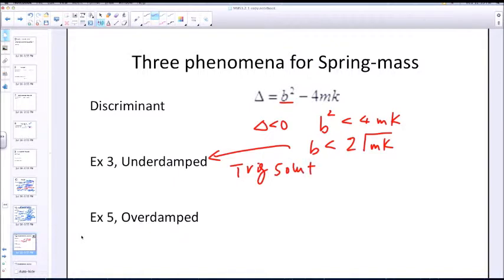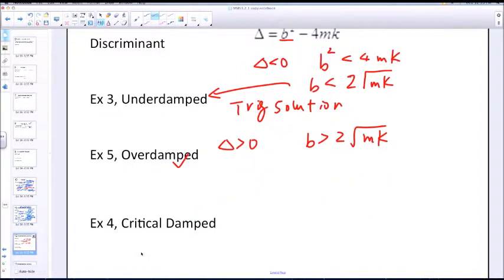Not only trig, of course, you have exponential too. When the delta is positive, that means B bigger than 2 square root of mk, you got the over-damping. That's like example 6. And the last one, when the delta equals 0, B equal exactly 2 square root of mk, you get the critical damping.